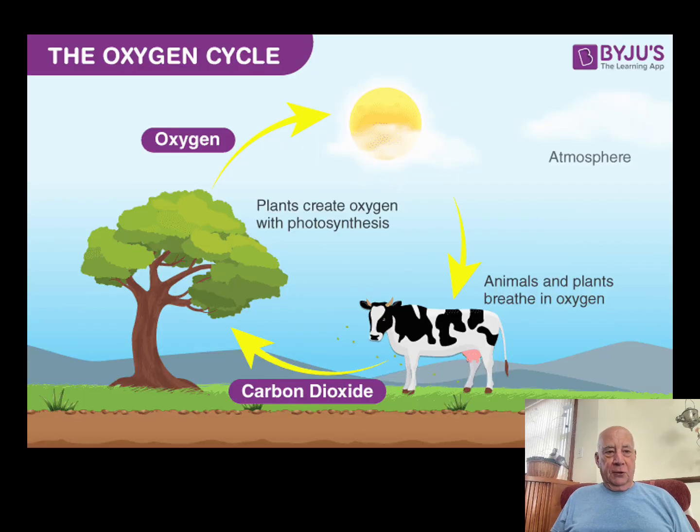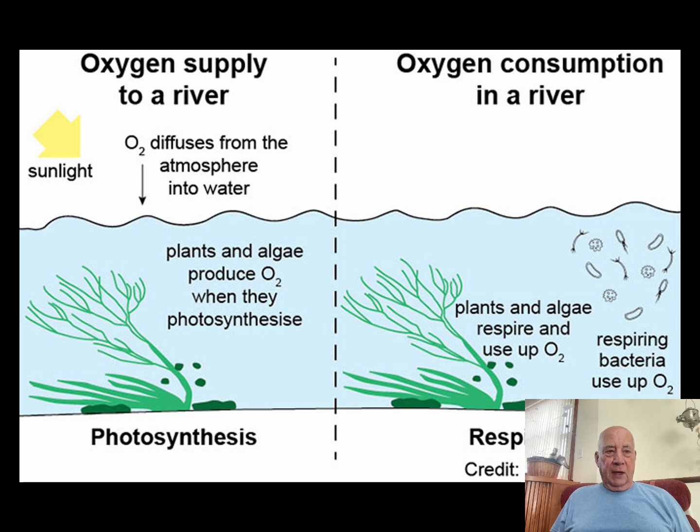So all of that oxygen coming around from the plant, sunlight, and releasing oxygen in the air, we breathe it in, it comes back, carbon dioxide. That's the oxygen cycle. Now, we're talking about dissolved oxygen in the water. Well, let's look at that. Oxygen can come into the water through the surface of the water.